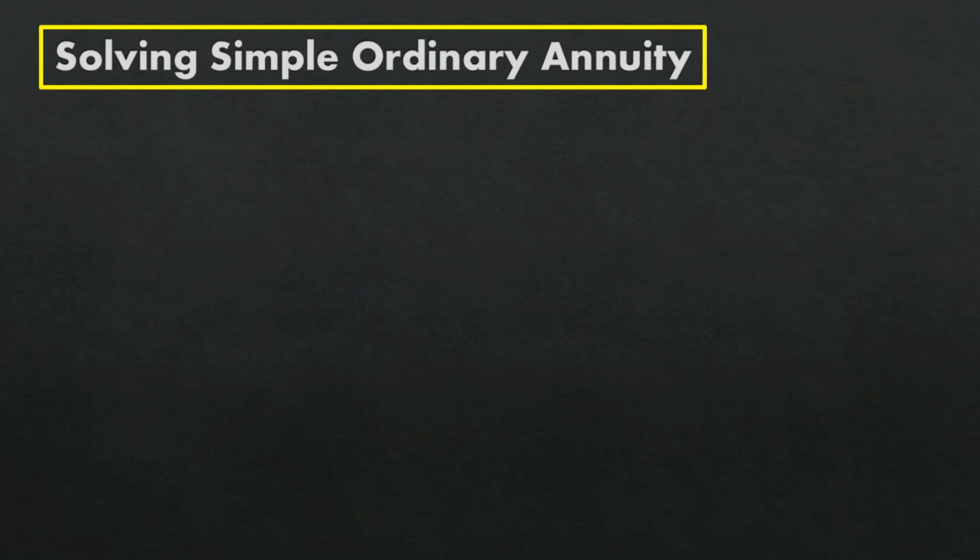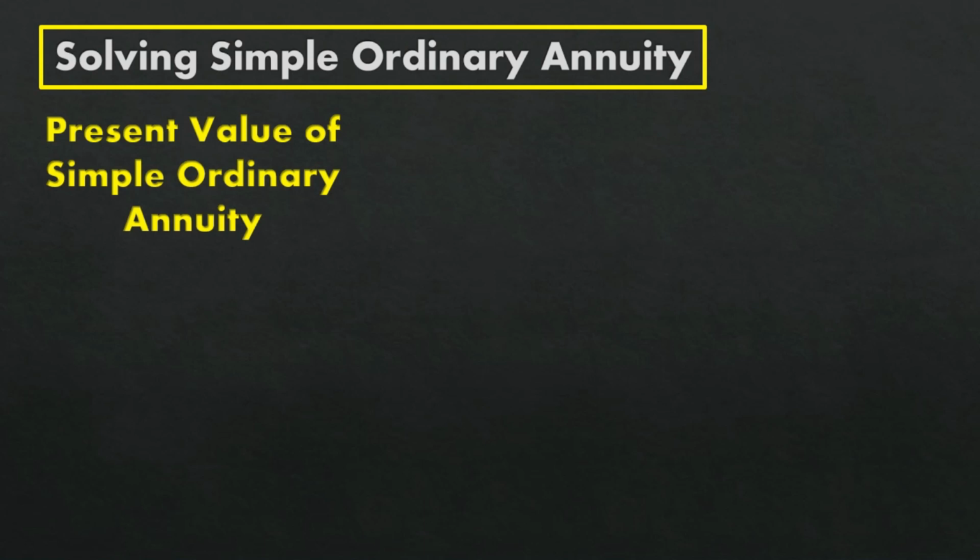Next formula is the present value of simple ordinary annuity. Ano nga ba yung present value? Ito yung value at the given set of time. So, hindi pa tapos yung hulog mo, gusto mo nang isolve yung kanyang magiging value. That's the present value.